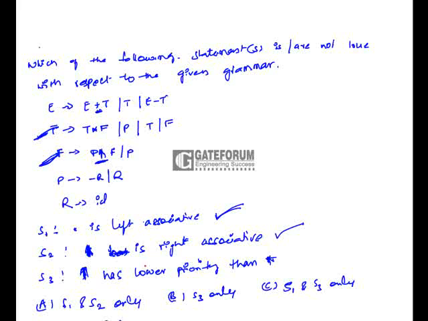Also the arrow operator is executed prior to the star operator. So this arrow operator has more precedence, more priority than these two operators, plus and star. So statement S3 is wrong. Here in this question we have to identify the statement which is false. So S3 is false, which is option B.